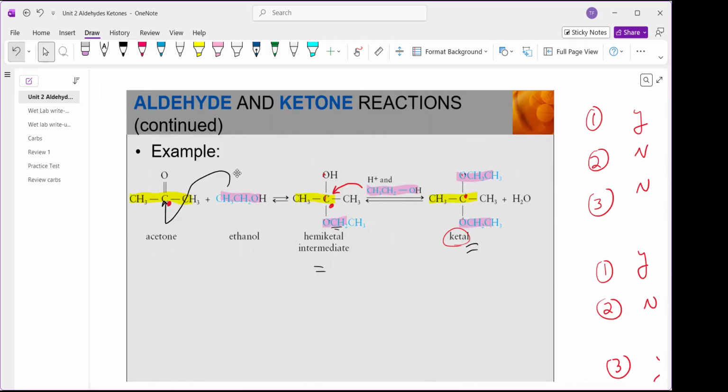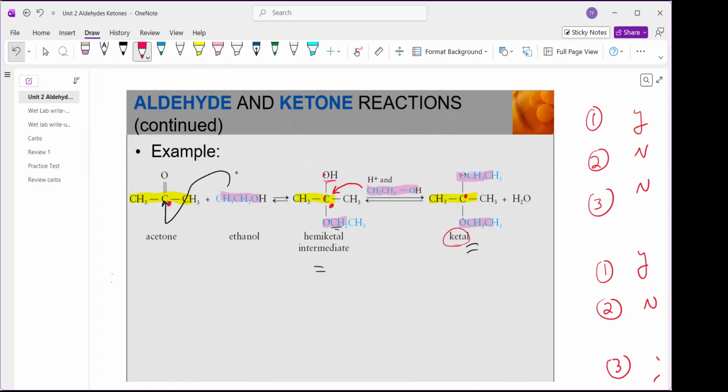Okay, so we have the alcohol attaching to the anomeric carbon, forming this OH group again, the hemi part, hemi-ketal. Okay, adding another alcohol, not necessarily the same one. It could be the same one or different ones. It doesn't matter, as long as it's an alcohol.